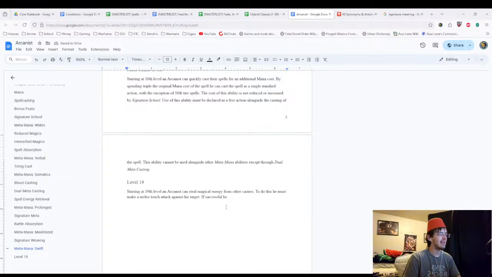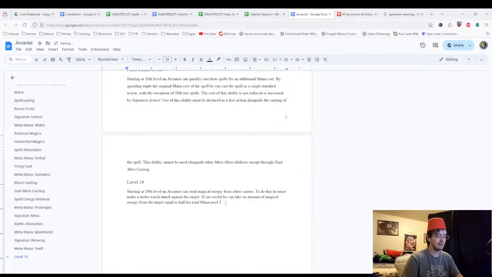If successful, he can take an amount of magical energy from the target equal to half his total mana pool.